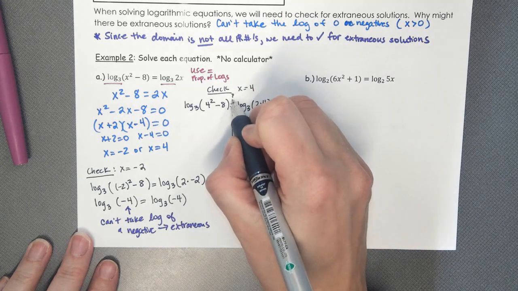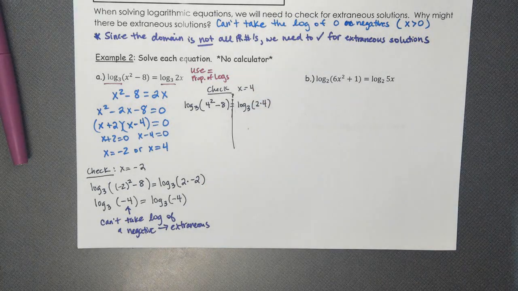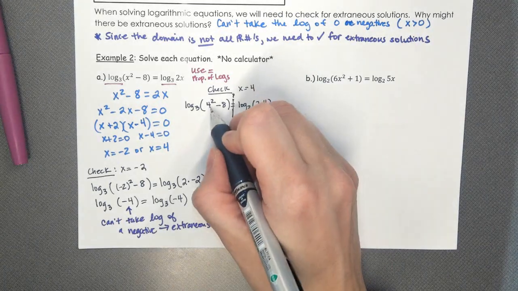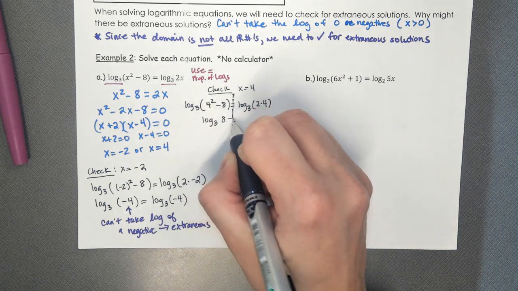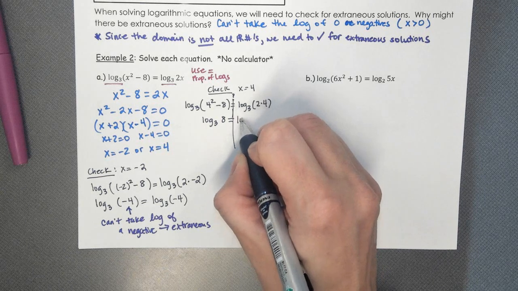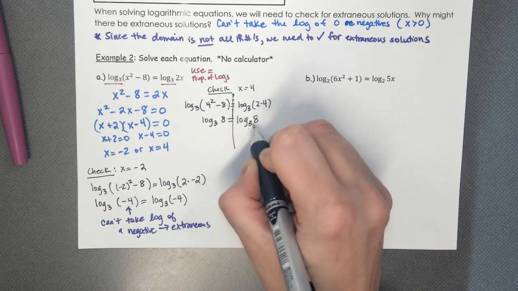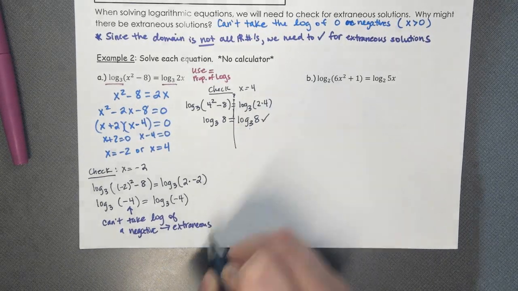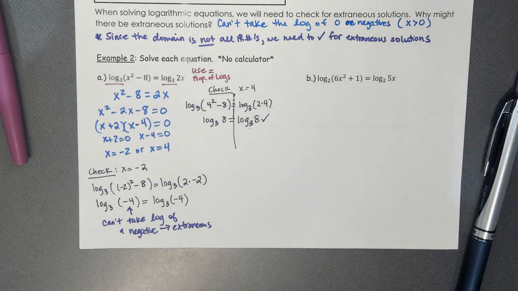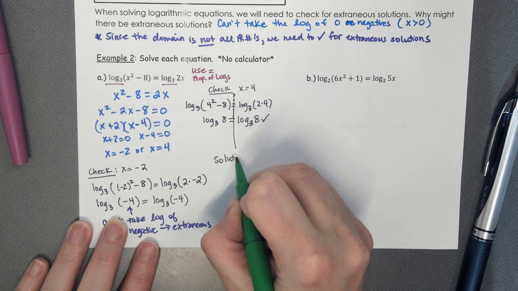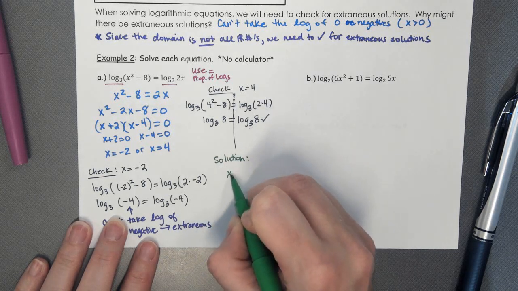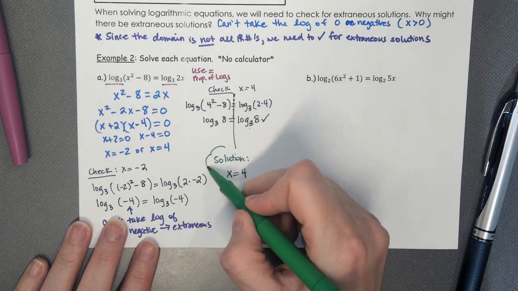We don't know if they're equal, so we can't use those properties. Okay, so 4 squared is 16. 16 minus 8 is 8. 2 times 4 is 8. Both of those are equal and it's positive, so that checks, which means your only solution is x equals 4.